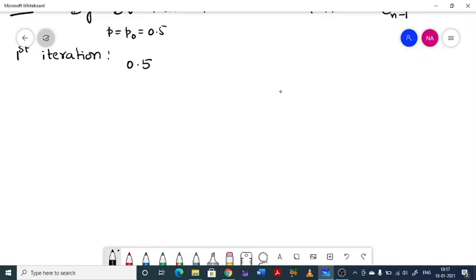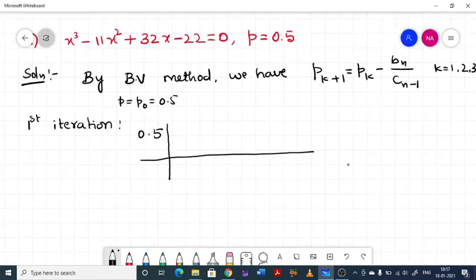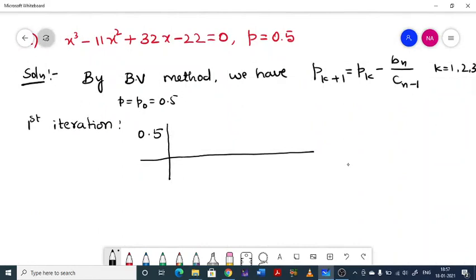So here 0.5, and the coefficients are, look into this equation, 1, minus 11, 32, minus 22. Now you have to write 0 here, so 1 plus 0 is 1, so 1 into 0.5 you get 0.5.